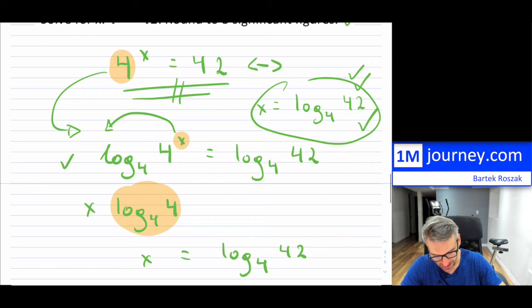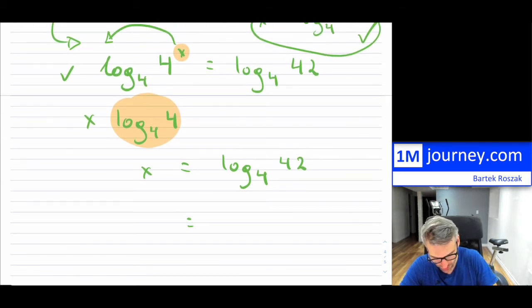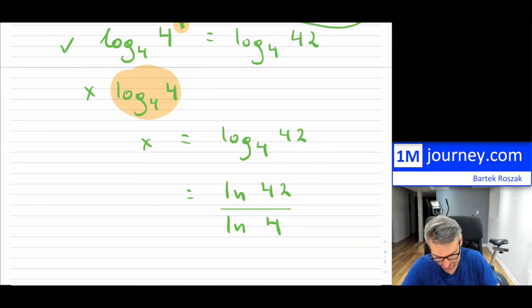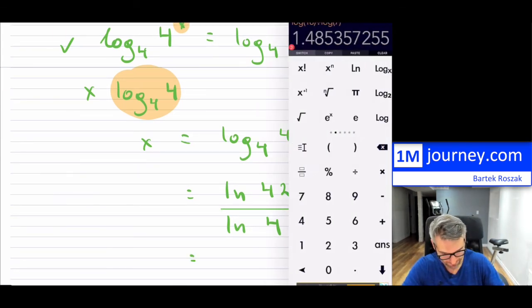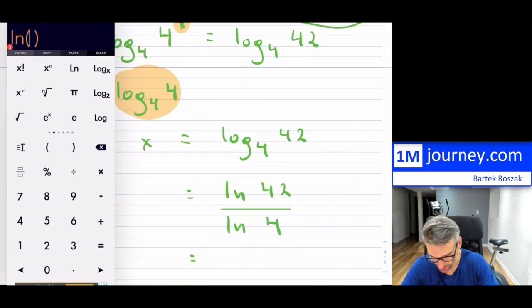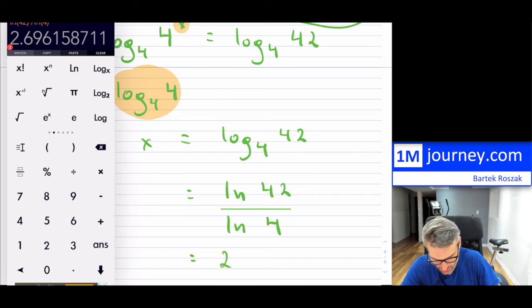So in any case, if I want to be able to solve this, just for the heck of it, I'm going to change the base to e. So I'm going to use ln. You can use log, and you're going to get the same answer. So let's see it. ln of 42 divided by ln of 4 equals 2.69615, and so on.